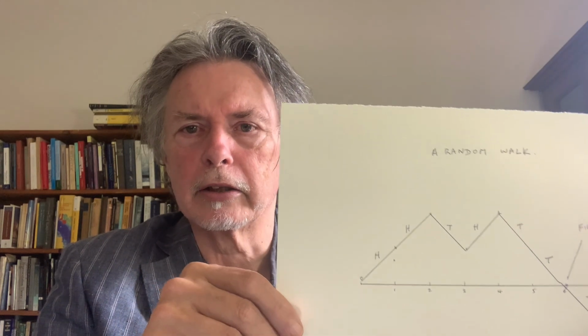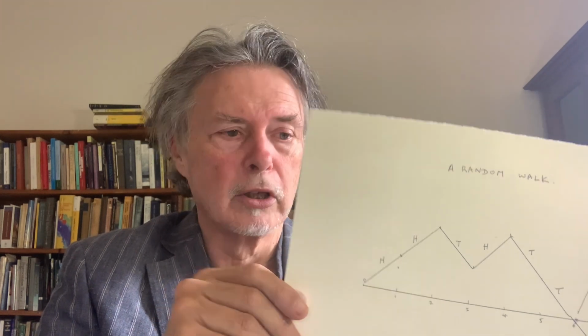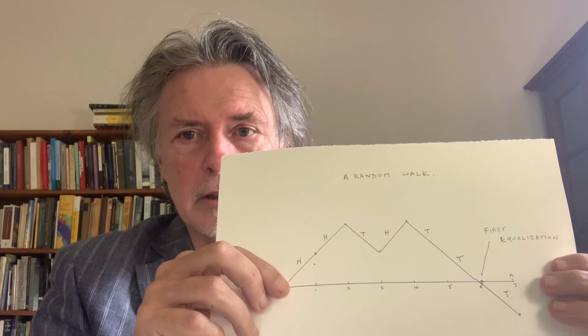So a random walk is, I'll give you a visual example of it. Suppose you're tossing a coin and you're taking account of whether it's heads or tails. Suppose we say heads is +1 and tails is -1. We start recording it, so we start here, and we record the results.